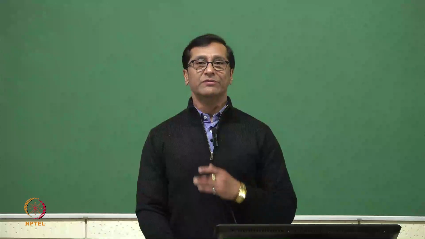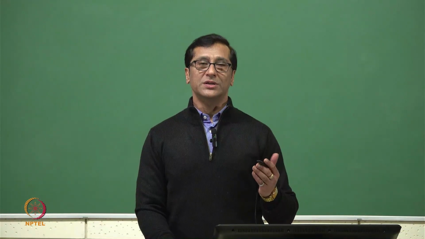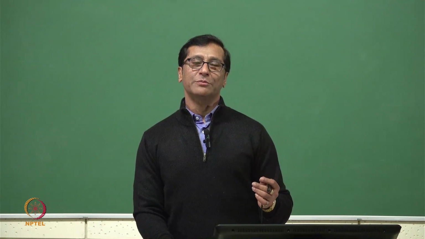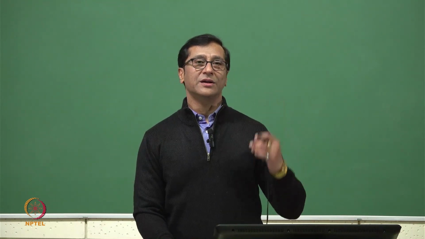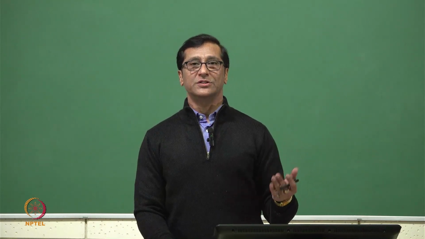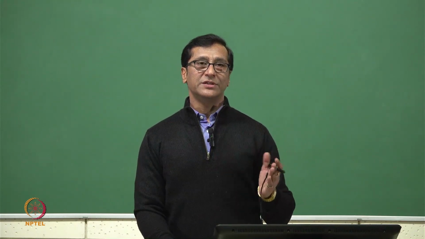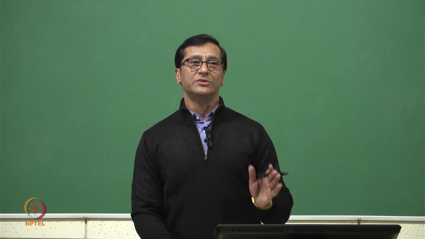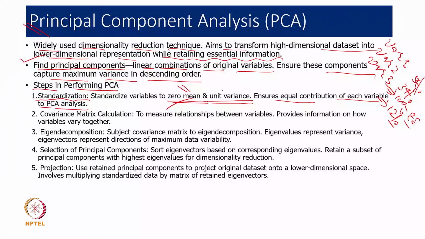It should not get affected by the magnitude of a value. Some value is 1000 and some value is 0.1, and it should not happen that 1000 is always higher compared to 0.1 just because we are changing the units. To avoid that, to make it unitless, we standardize, which means we come up with zero mean and unit variance. Once that is done, we go to the covariance matrix calculation.